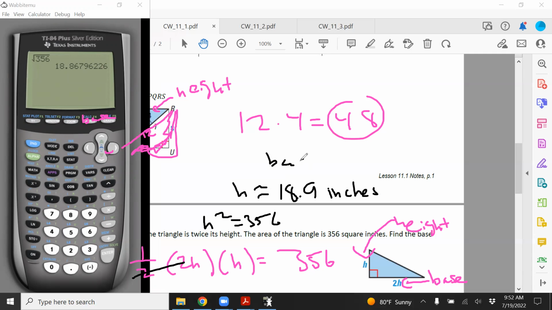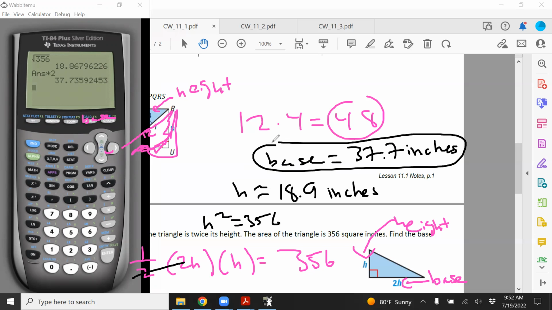So the base is double, $37.7. Yep. So that's that one.